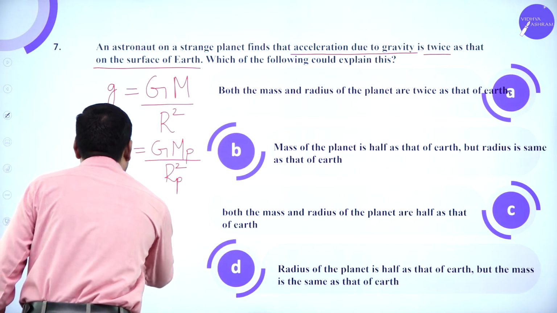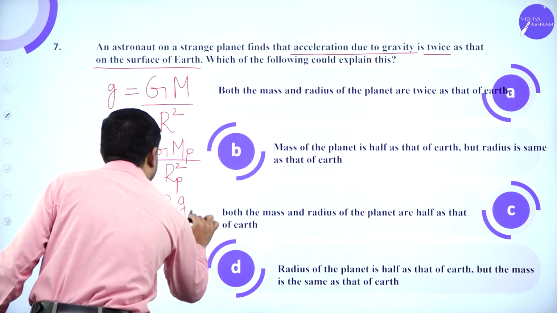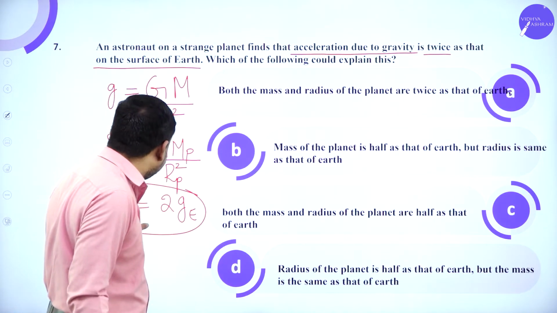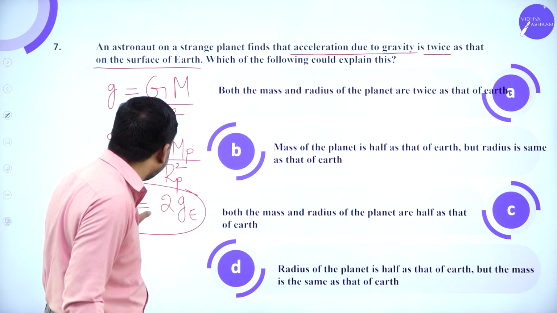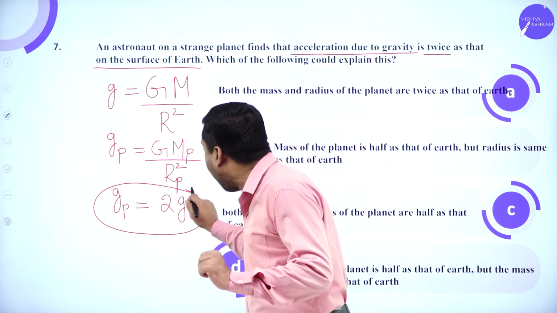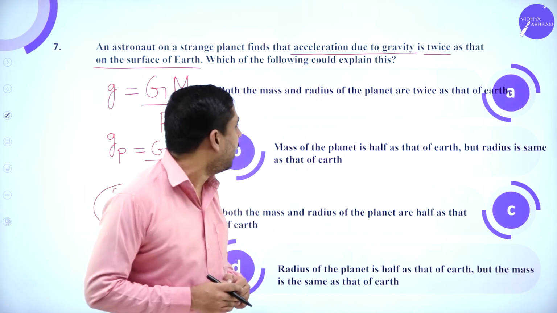So given Gp is 2 times Ge, acceleration due to gravity on the planet is 2 times acceleration due to gravity of Earth.